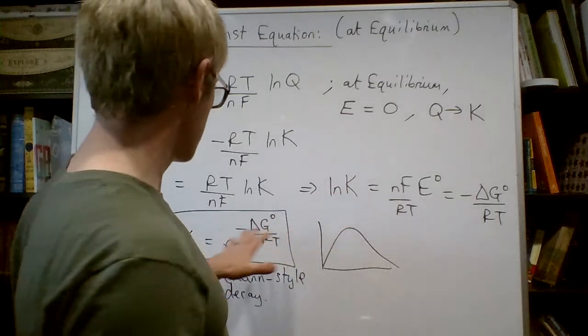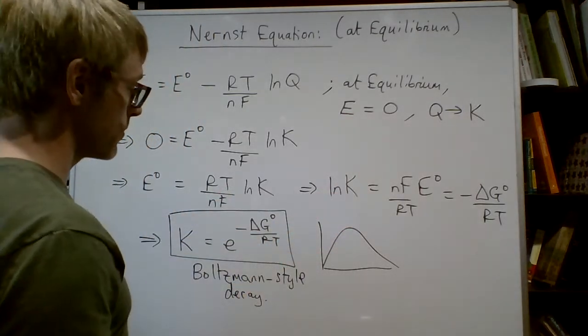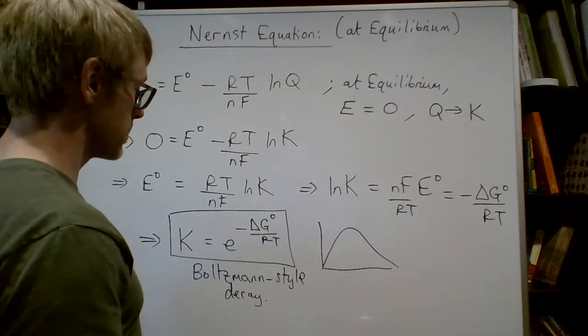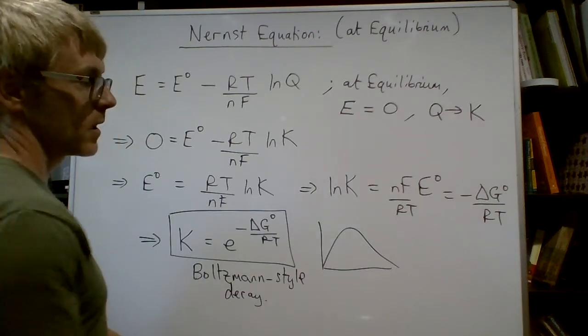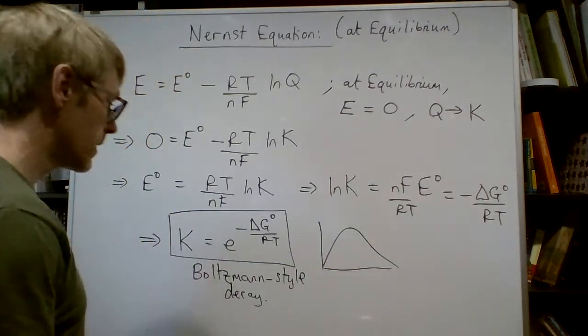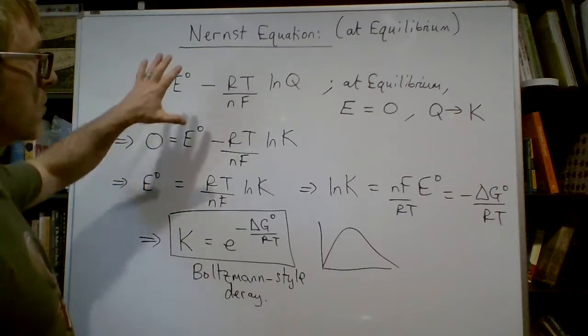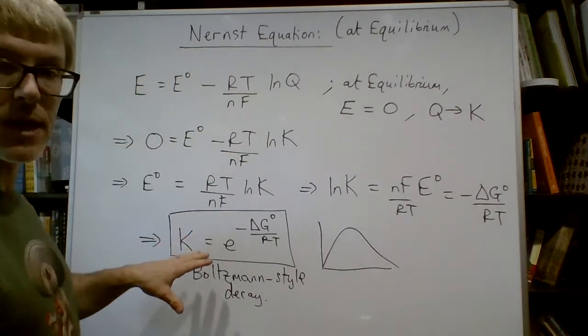Or if we take the logarithm of both sides, we have essentially a y equals mx plus b type equation, which is what we started with here. Then we have access again from the electrochemistry back to the thermodynamics.